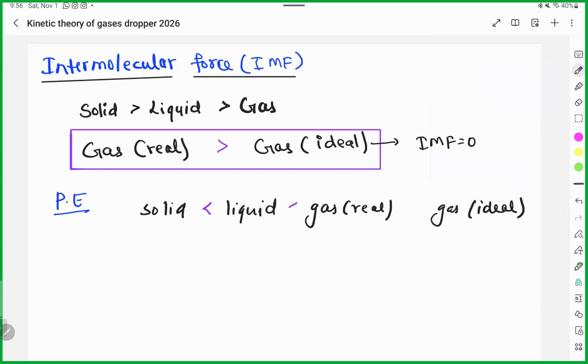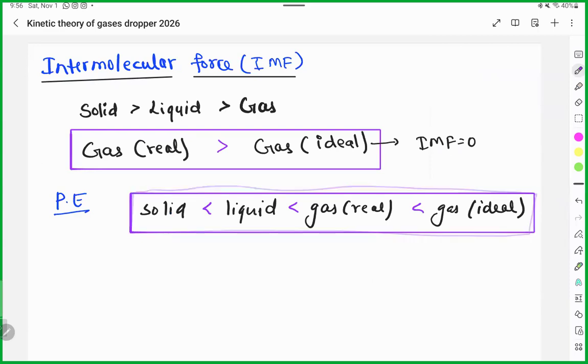The answer is ideal gas will have maximum potential energy. Why? Because they are at maximum distance. Makes sense? More distance, more potential energy. Any doubt, guys?